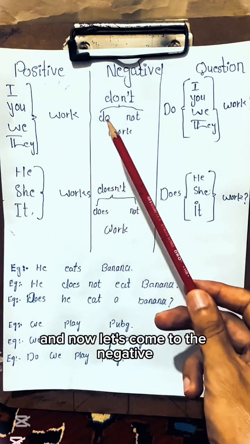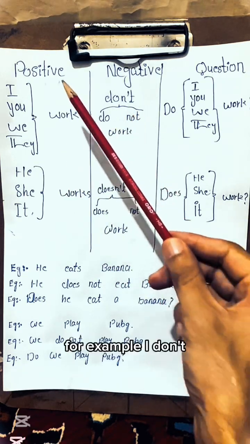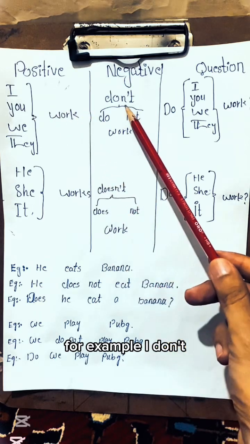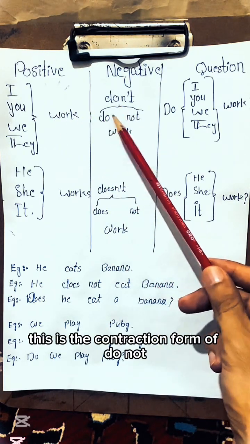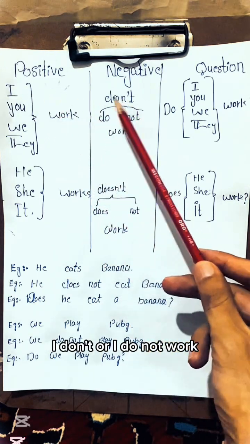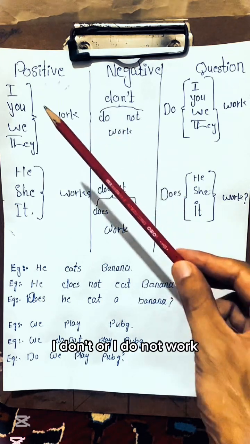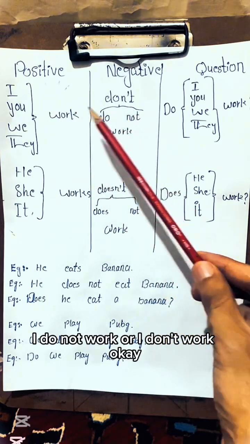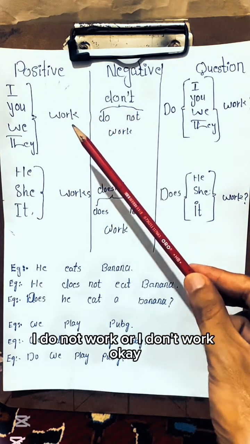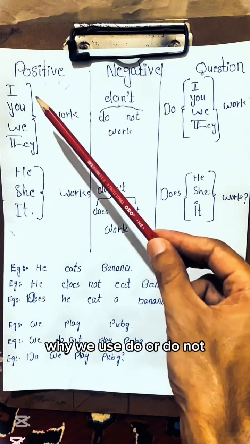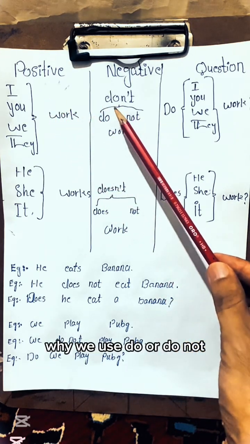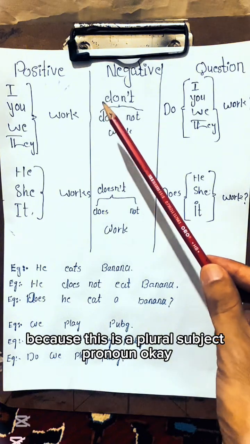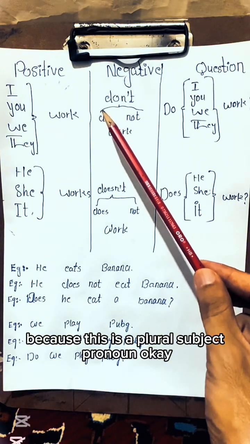Now let's come to the negative. For example, I don't. This is the contraction form of do not. I don't or I do not work. Why do we use do not? Because this is a plural subject pronoun.